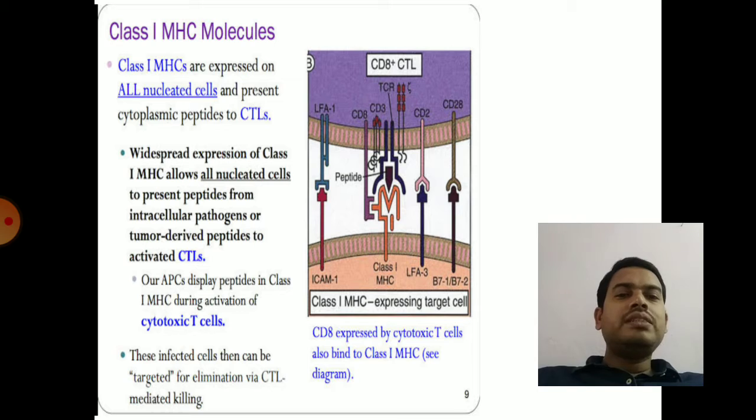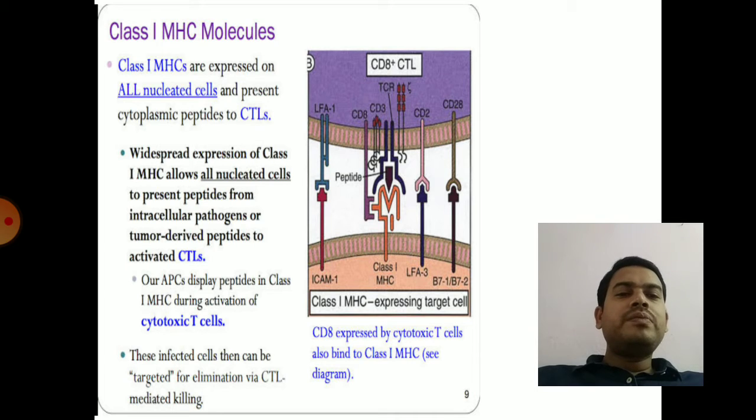So the CD8 receptor, you can see the CD8, CD3, TCR, CD2, CD28, all these receptors are present on the T cytotoxic cells. They are also called as CTL cells, cytotoxic T cells or T cytotoxic cells. So the CD8, CD3, CD28, CD2 or TCR receptors are present on T cells.